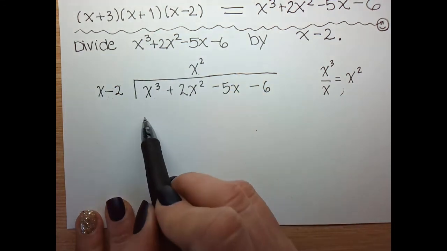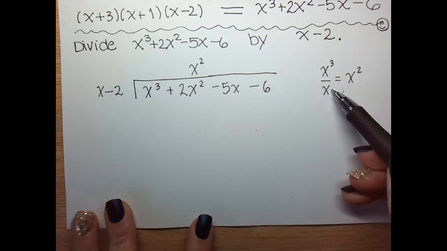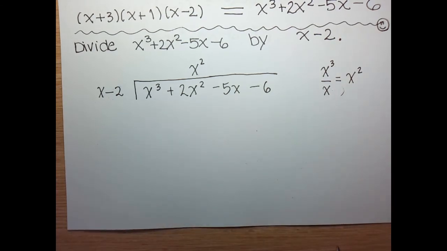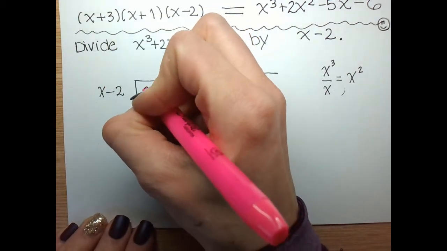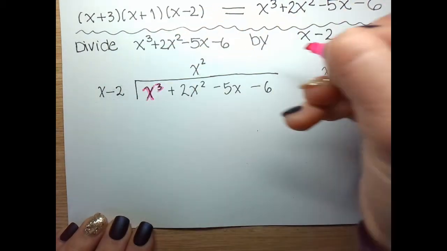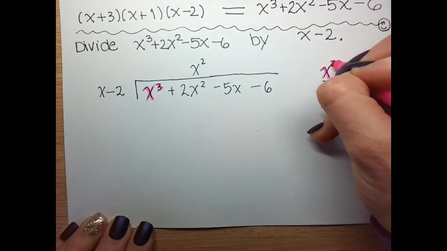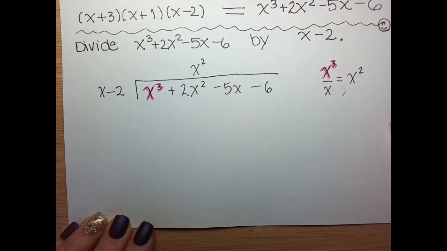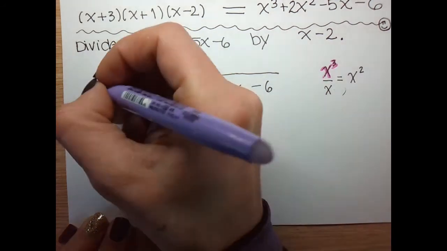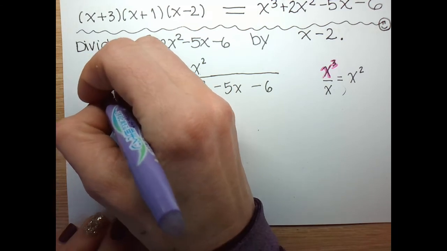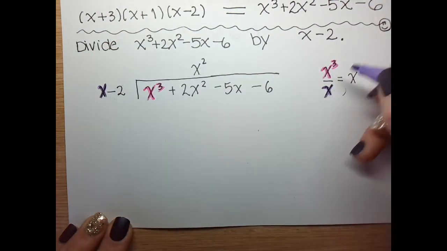Right here, I divided the leading term inside, in this case x to the third, to start my division problem. I divided that by my leading term on the outside, which was x, and I just did that division on the side.